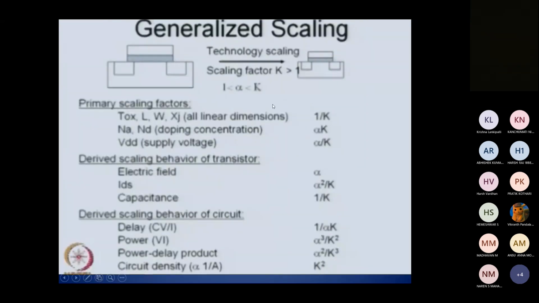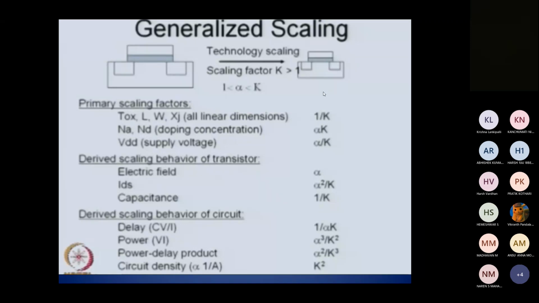This factor remains constant; it is divided by K. But here, whether it is the acceptor ion concentration or donor ion concentration, in our new miniaturized devices this doping concentration is multiplied by alpha times K. So remember that in generalized scaling, the acceptor ion and donor ion doping concentration is multiplied by alpha K times.